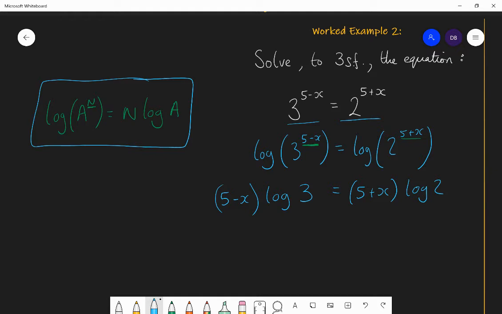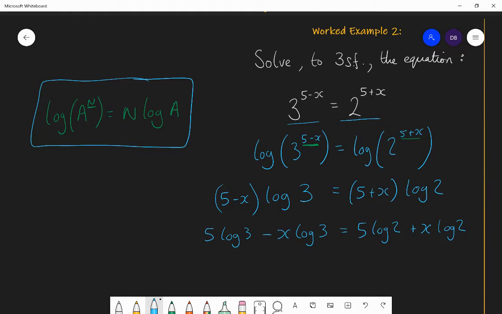Now, what we do is we multiply out the brackets. 5 minus x lots of log 3 is the same as 5 lots of log 3 minus x lots of log 3, equal to 5 lots of log 2 plus x lots of log 2.